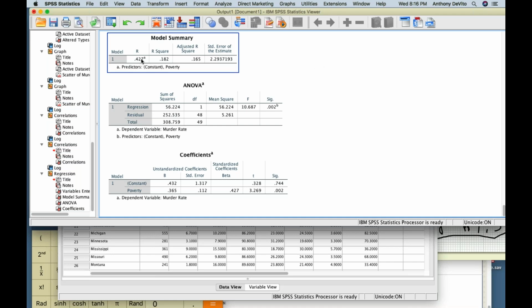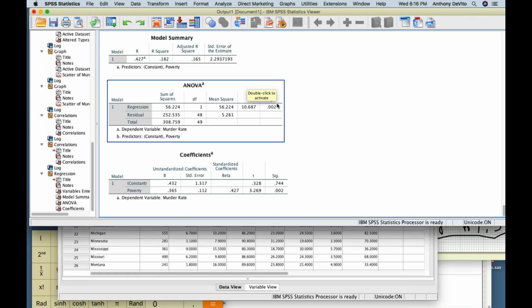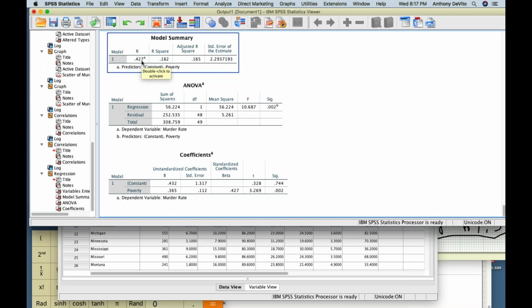So 0.427, that's just a repeat of what we've seen before. The probability of 0.002, we know it's a significant correlation. We can reject the null hypothesis that there is no correlation.